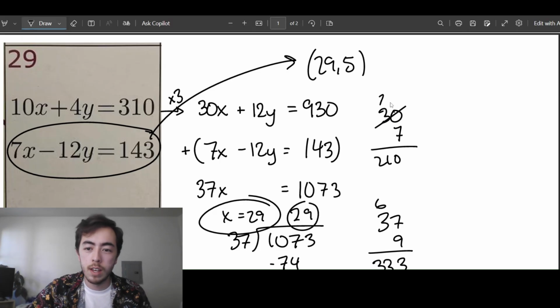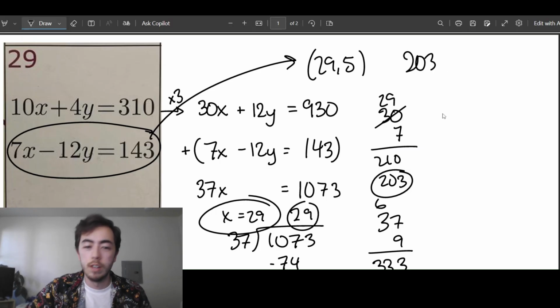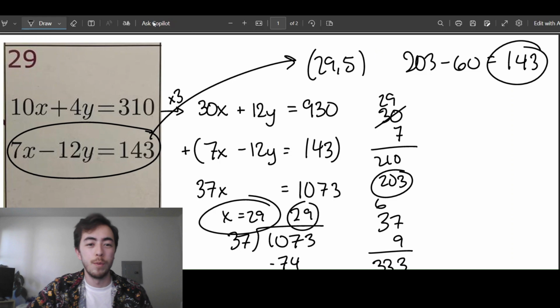And then if I make that a 29, I'm going to subtract off 7. So it looks like I have 203 for 29 times 7. And then minus 12 times 5, that's going to be minus 60. And then yes, indeed, 203 minus 60 is 143.